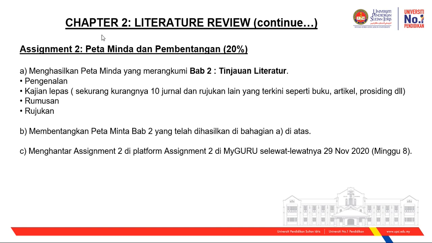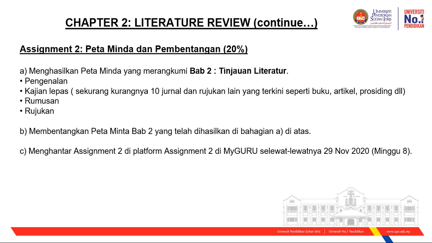So as you are aware, in chapter 2 there is assignment 2, and this is basically similar to assignment 1 for chapter 1 introduction. Here in assignment 2 you need as well to come up with a Peta Minda, which is 20%. This Peta Minda is related to chapter 2 literature review.